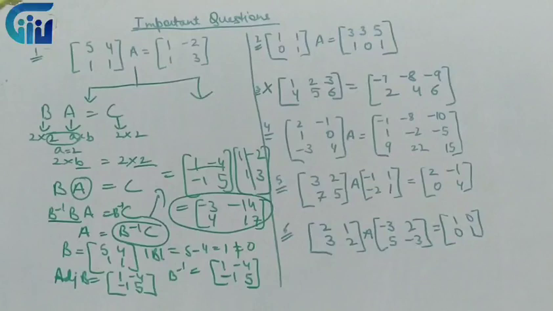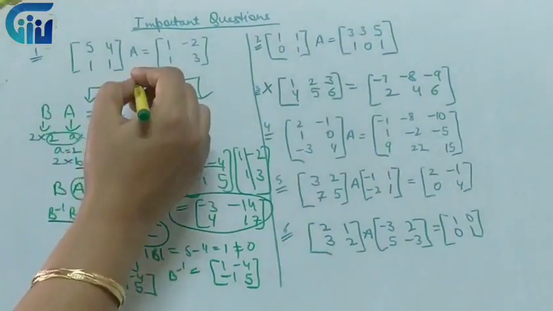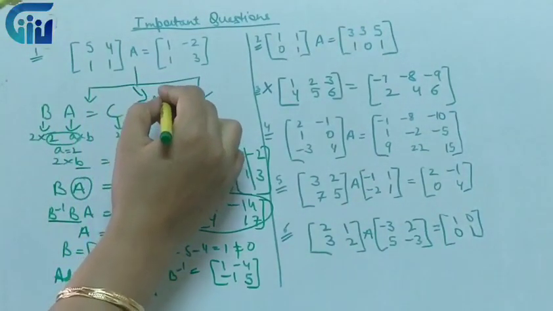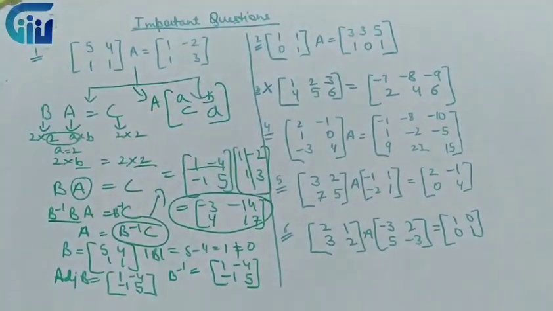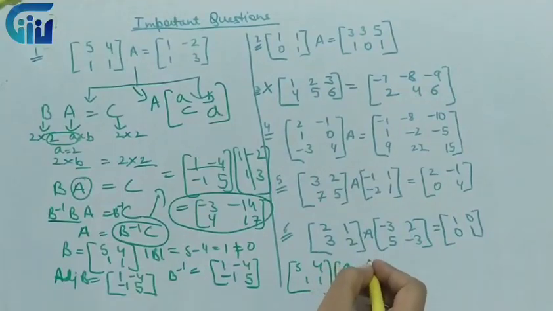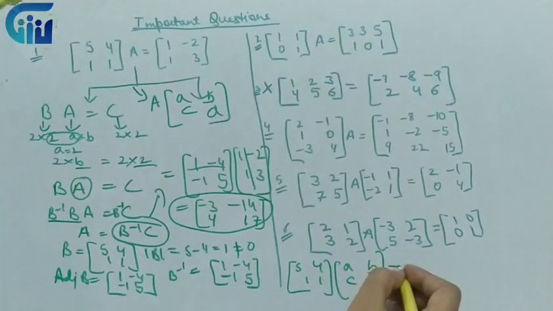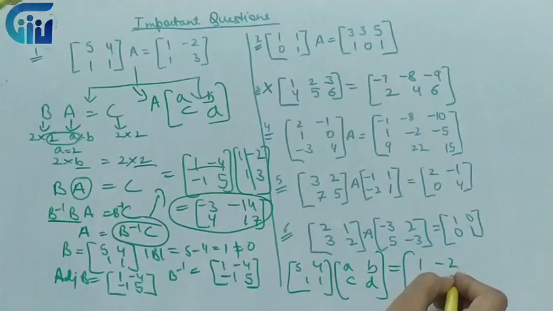What is the other method? The other method is I can assume my matrix A to be a, b, c, d and proceed as usual. What I will do in that case? I will write it like this. This is 5, 4, 1, 1. I will take A as a, b, c, d, and this is equal to 1, 1, minus 2, 3.